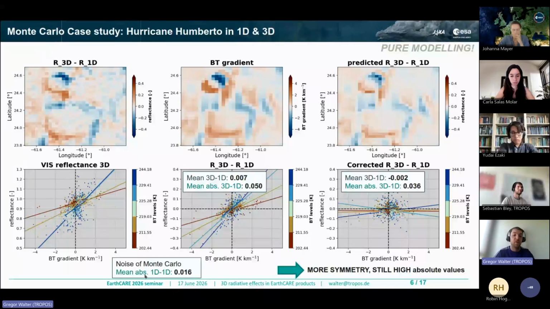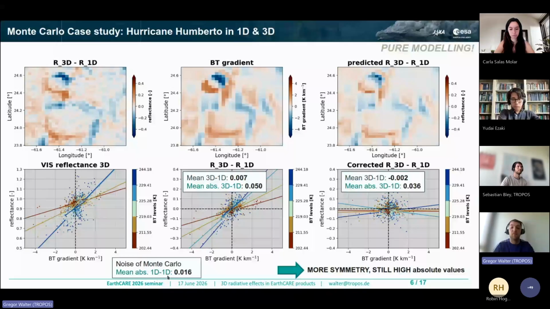of the Monte Carlo. So we have two versions of the 1D radiative transfer, and we also see differences between those two. So variability is also a thing, and we also have other 3D radiative effects.